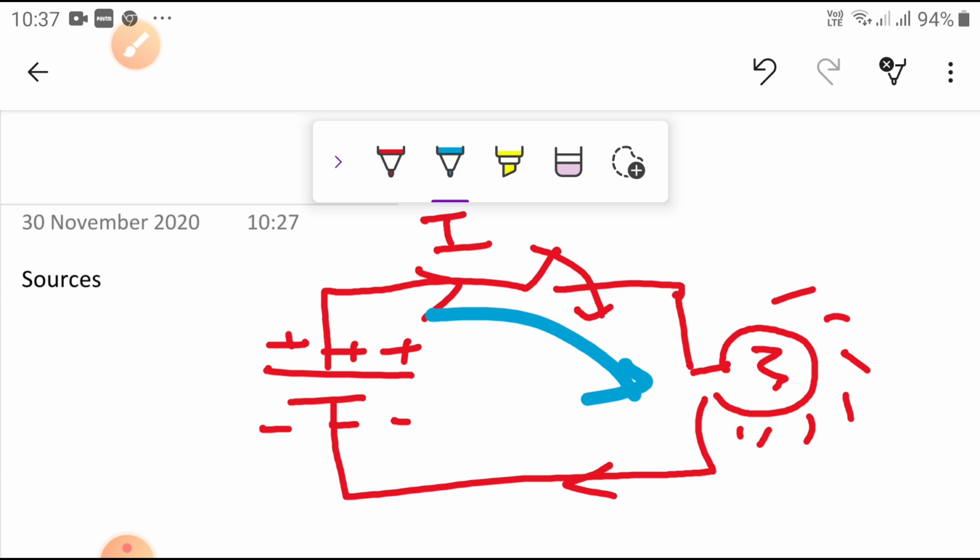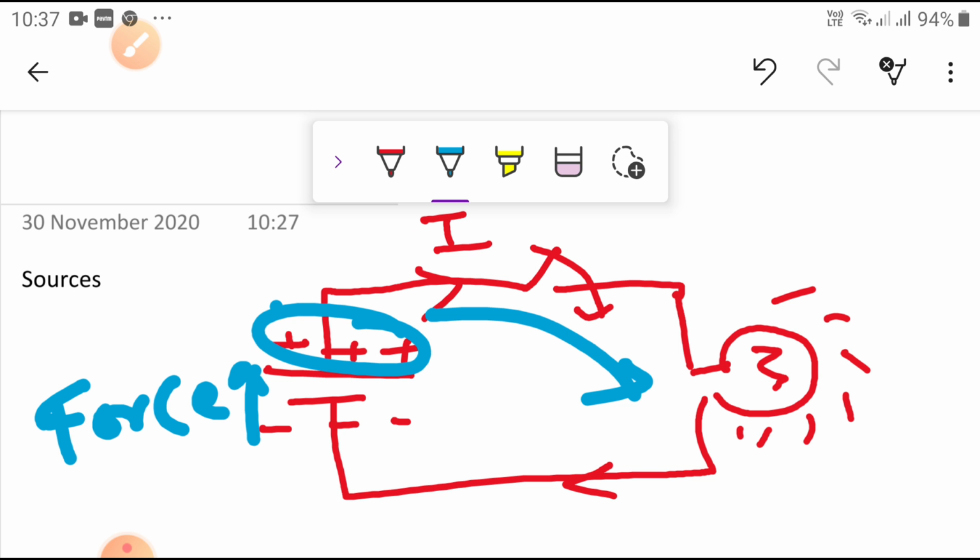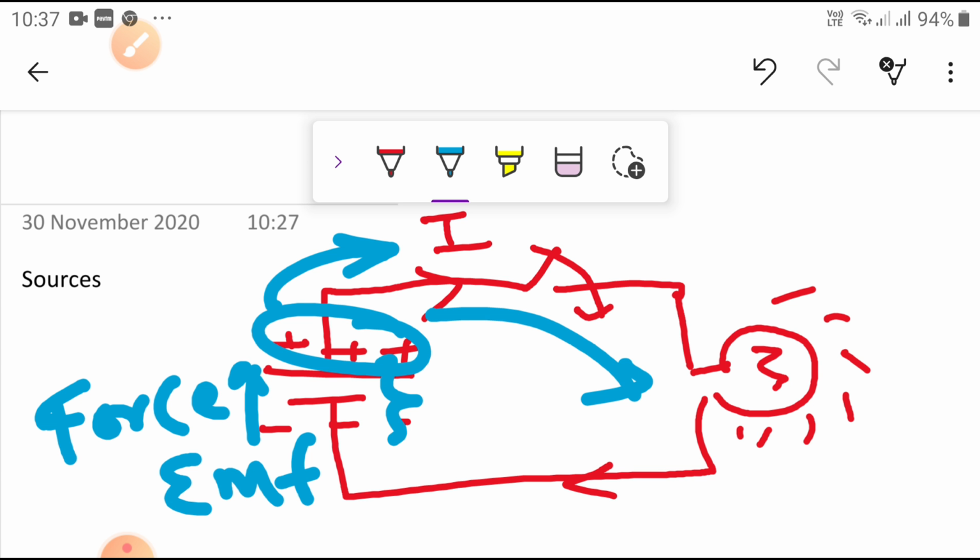Some force is required here that has to drive the charge particles towards the load. This driving force we can call EMF, electromotive force. If electromotive force is not present in this source, the charged particles are unable to move in the circuit because there is a high resistance here.